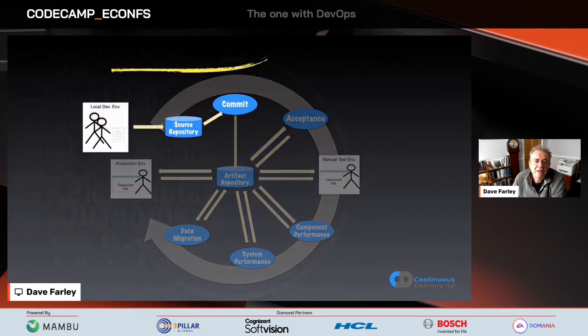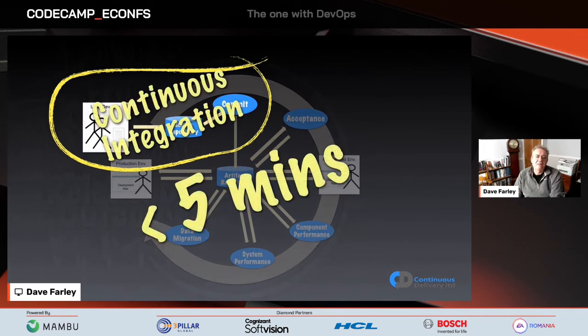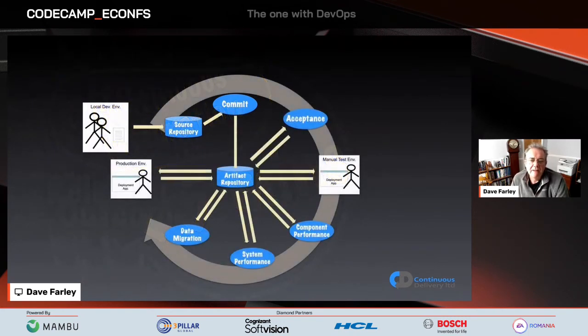There are a variety of steps, and one way of thinking about this is that it divides into three different phases. The first is essentially the continuous integration phase. We're looking for fast feedback that our work works alongside everybody else's work, and we aim generally to get that feedback in under 5 minutes.